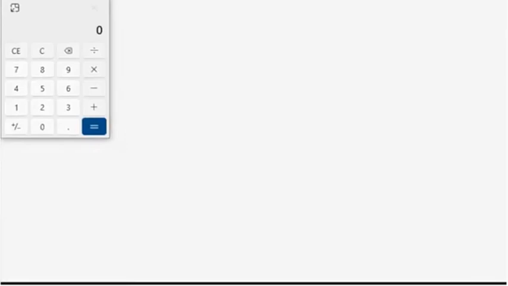So let's get our calculator down here. Let's solve this together. First of all, we have to consider that we have the compound HClO4.